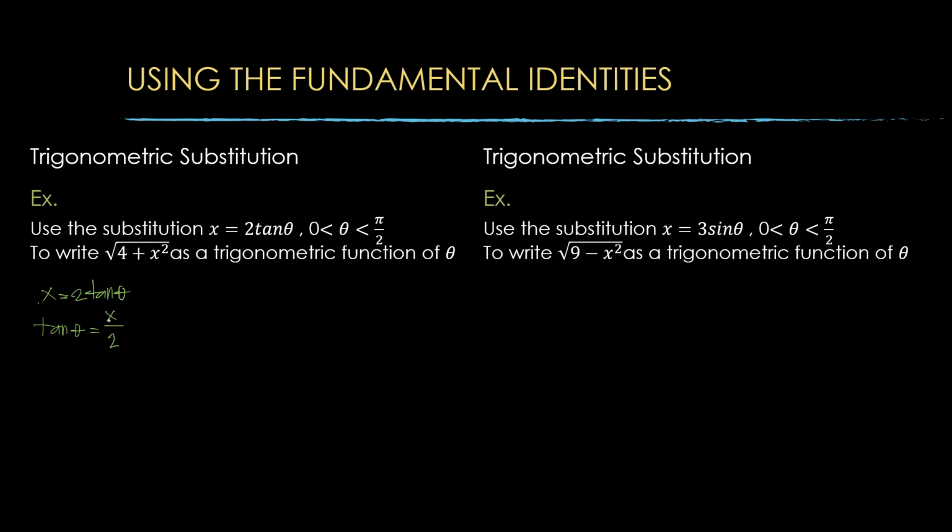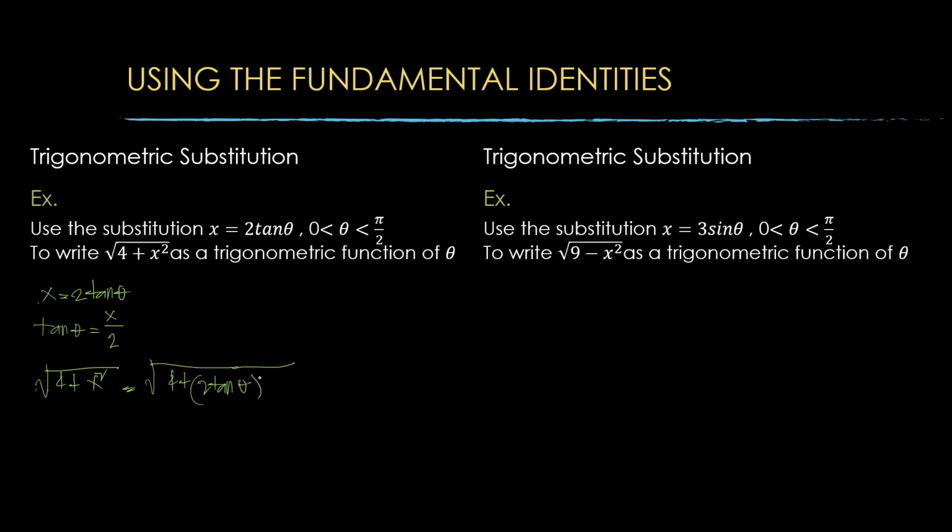And we're going to use the value of 2 tangent theta as x. So if we write the square root of 4 plus x squared, using x being equal to 2 tangent of theta, we have 4 plus 2 tangent of theta, all squared.